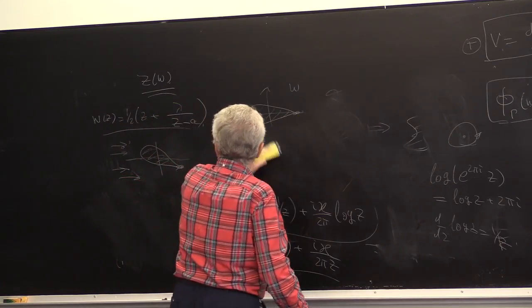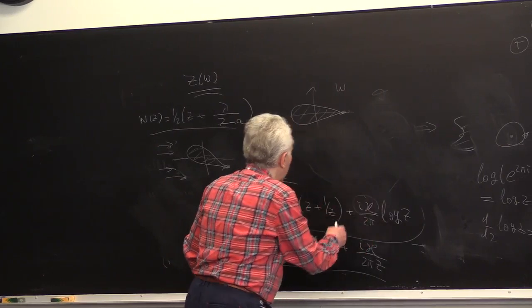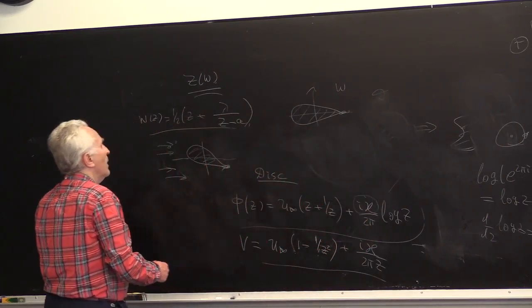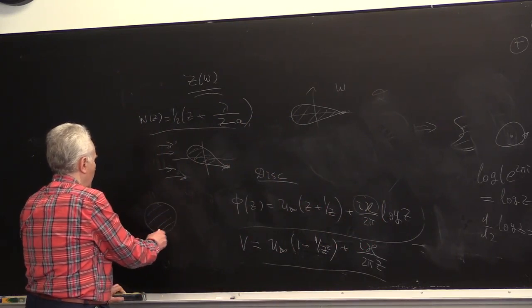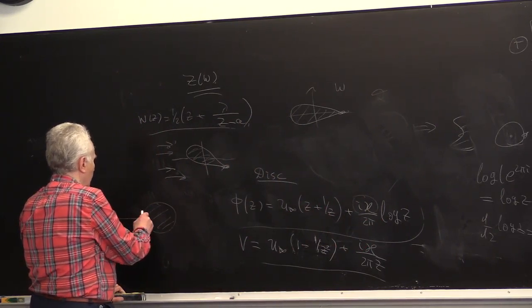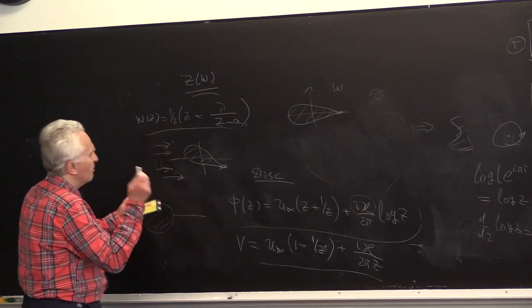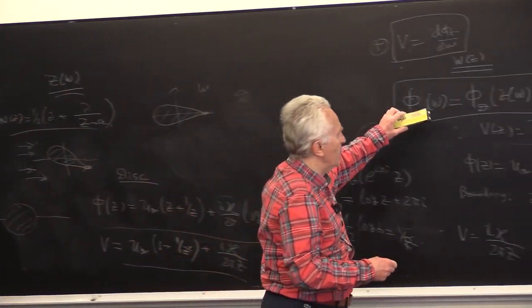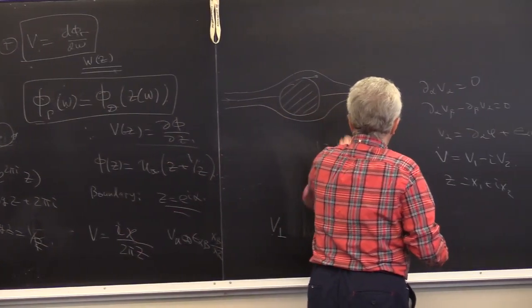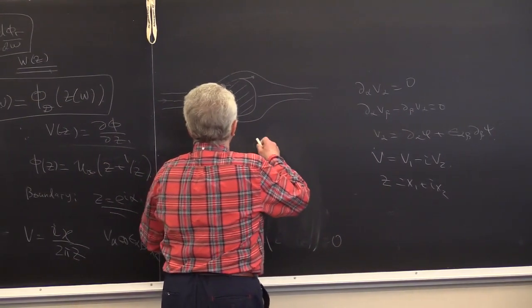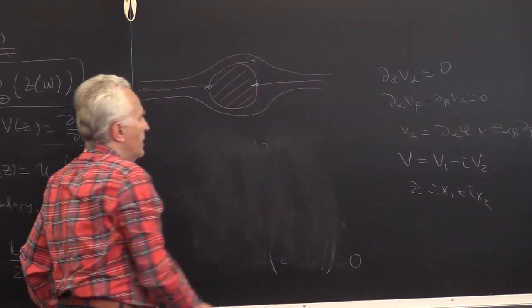Moreover, we still have an unknown constant, the value of the circulation. The flow actually changes. Let me draw the picture here. There are two special points here.